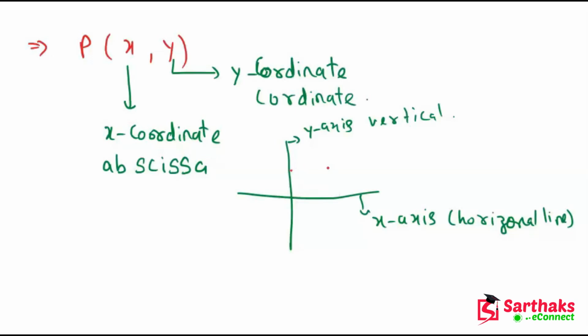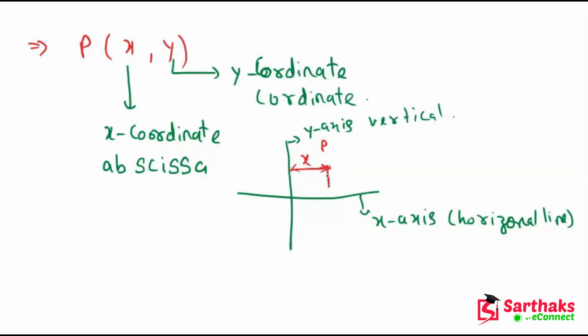Let's suppose this is a point P. The distance of the point from the vertical line, that means from the y-axis, is this distance x. This distance is x, and this is known as the abscissa.